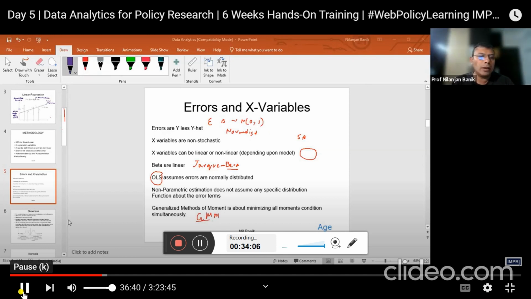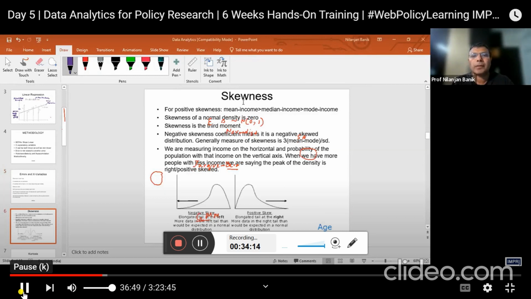Okay, any question? So thereafter, if it rings a bell, in the very first class we were saying why we need to know about the distribution function. The reason is we want to see or predict the outcome variables.